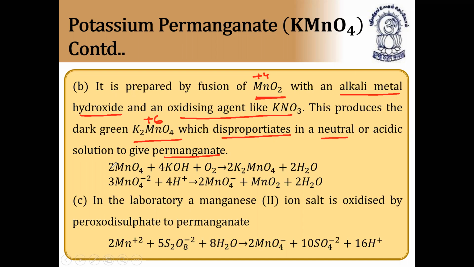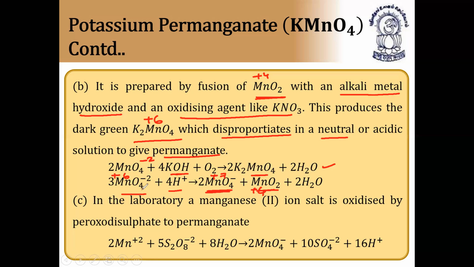Let us see the disproportionation. The manganate ion MnO4 2 minus, with potassium hydroxide, forms K2MnO4. This MnO4 2 minus ion, in acidic medium, forms the permanganate ion along with manganese dioxide. Here you can see the oxidation state of manganese is +6, changing to +7 as well as +4.